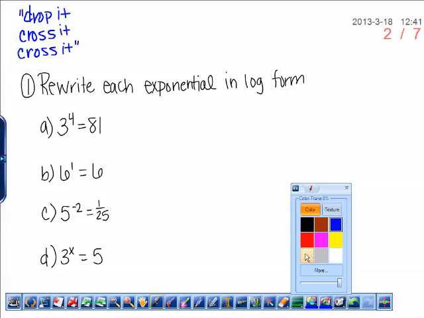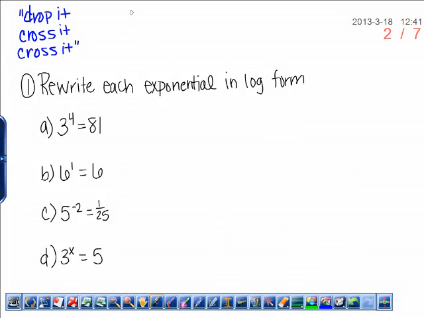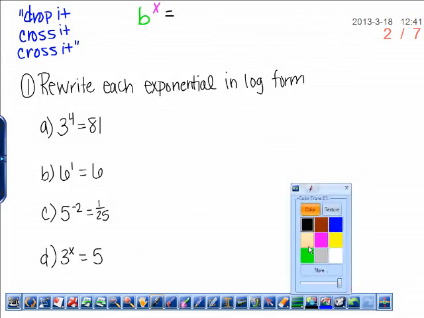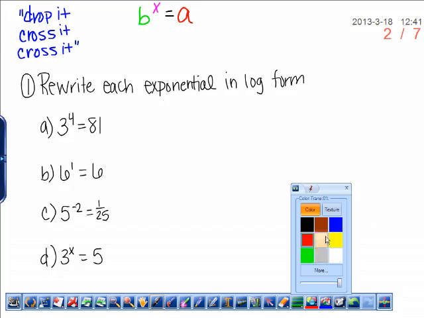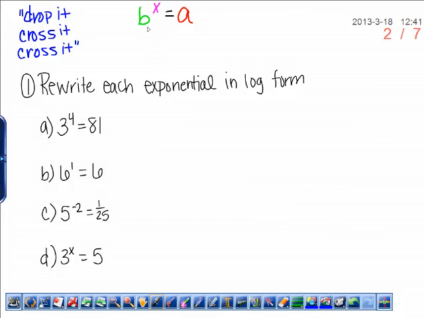We start off with our exponential equation. B to the x equals A. Okay?